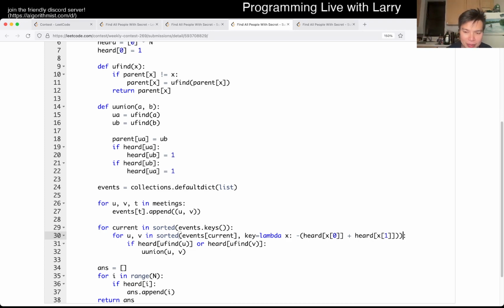If person A heard it, then I put it on the front of the queue, so we process it in the order of number of people who heard it.